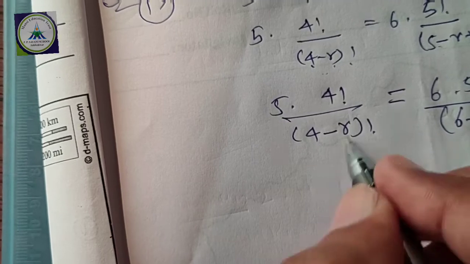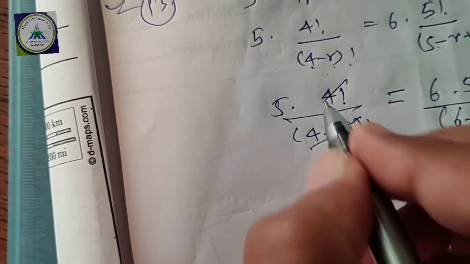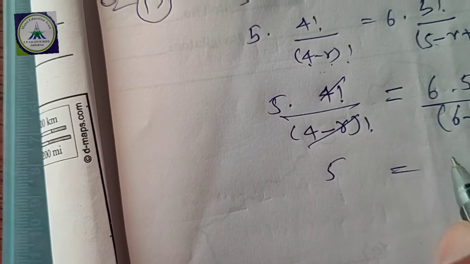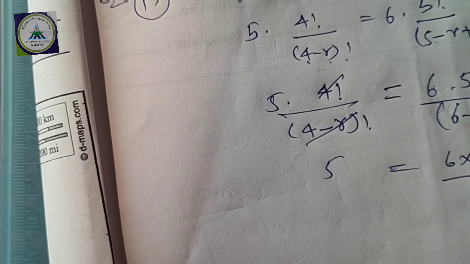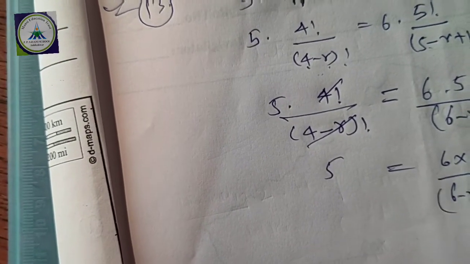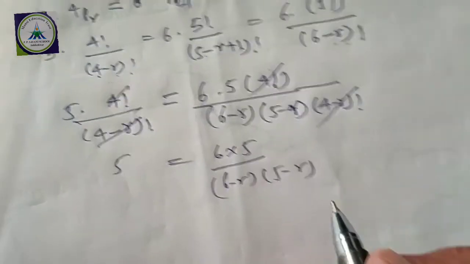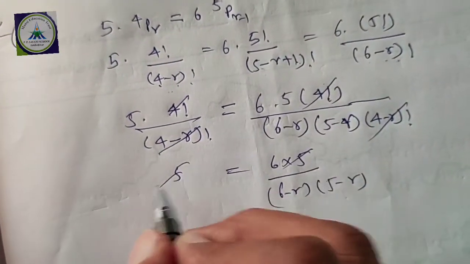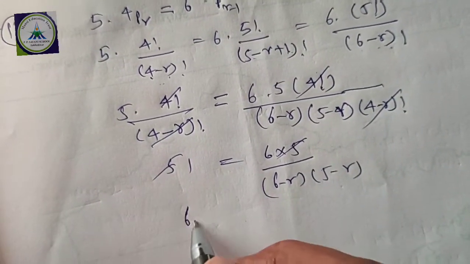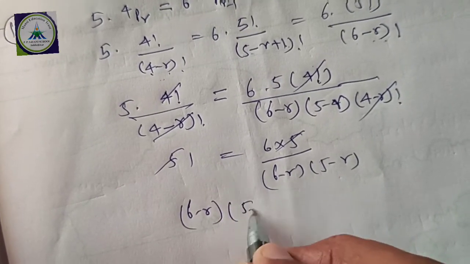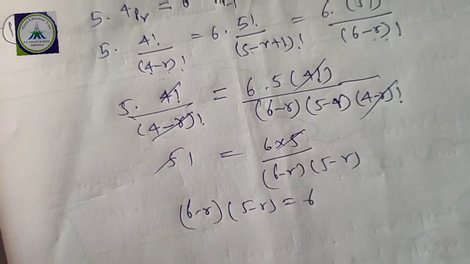Cancelling, 5 equals 6 times 5 upon 6 minus r and 5 minus r. Cancelling 5 once, 6 minus r times 5 minus r equals 6.